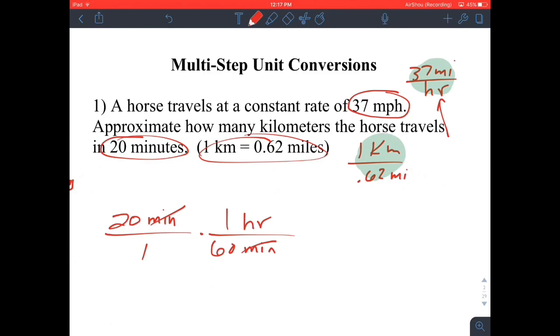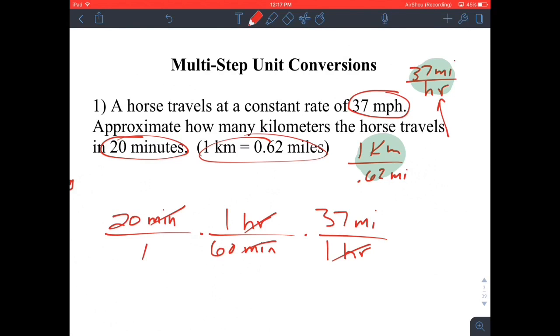That's great. Now we need to change this 37 miles per hour into miles. So right now we're in 20 hours. So we're going to multiply this. I want the hours to cancel. So we got 1 hour on the bottom, 37 miles on top. Now the hours cancel.